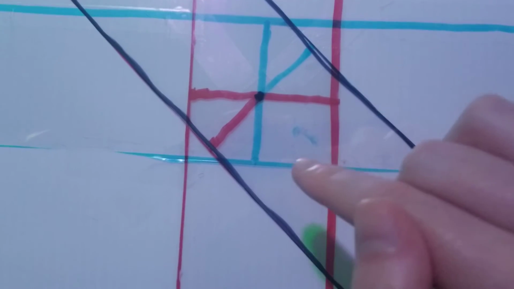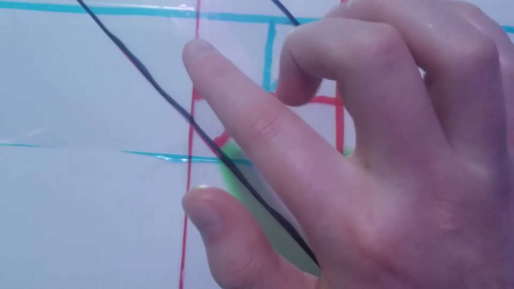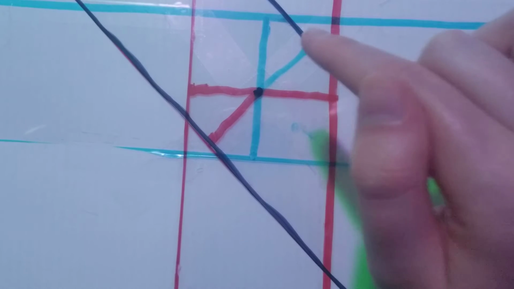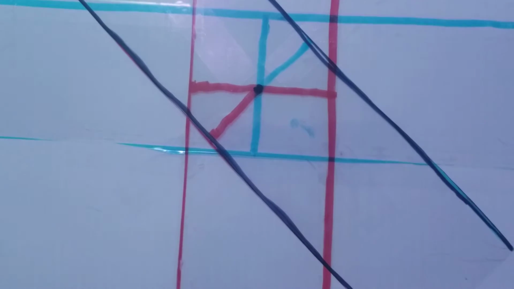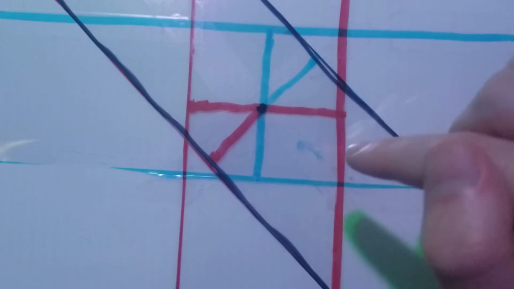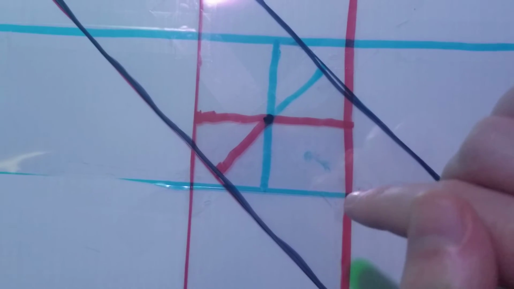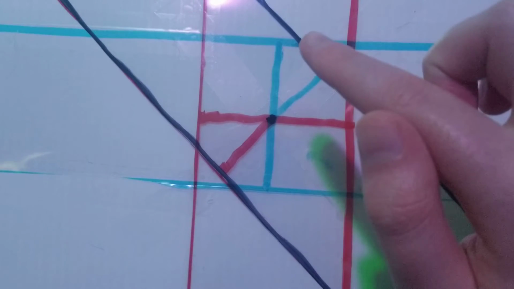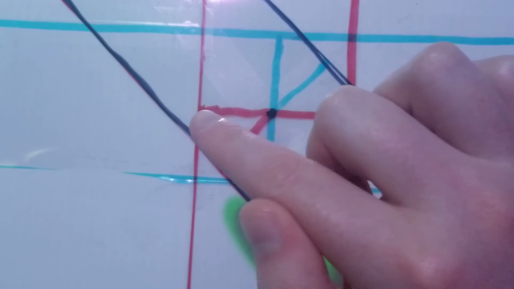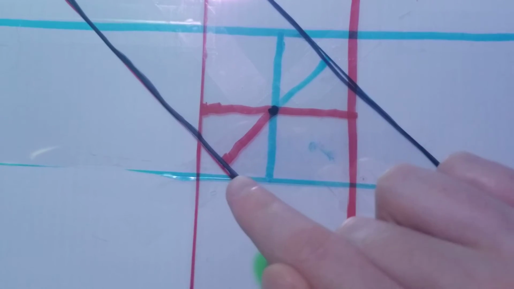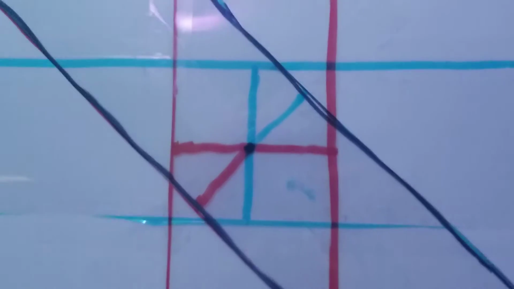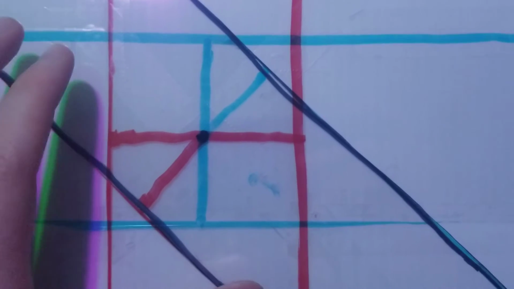So that's 1, 2, 3, 4, 5, 6, and then back to where we started. Number of angles, let me just verify this because I am half asleep. 1, 2, 3, 4, 5, 6. So, we're good. Alright, now here's the cool part.